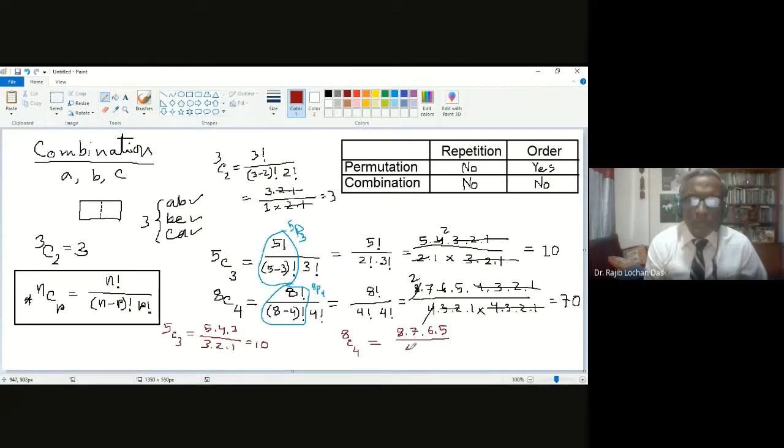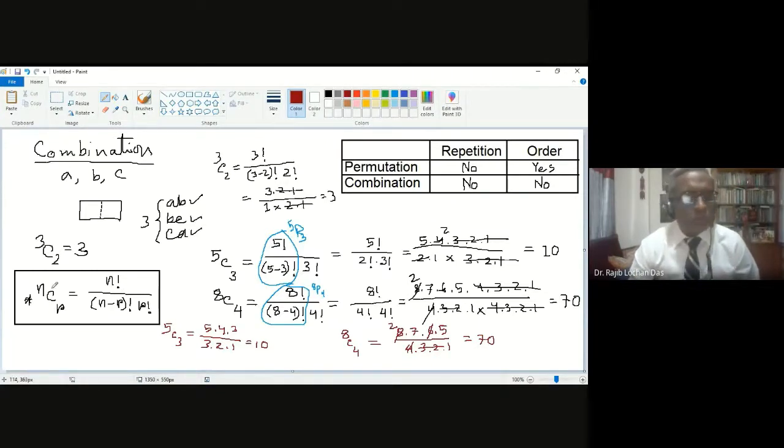Divided by factorial 4 means 4 3 2 1. So it's again the same thing. 3 2 6 cancel, 4 8 cancel. So the 70 is coming. So all the same thing. If you understand the thing, it is easy to apply in calculation.